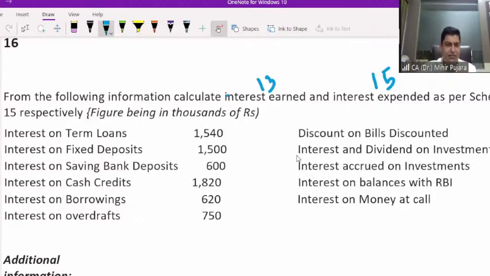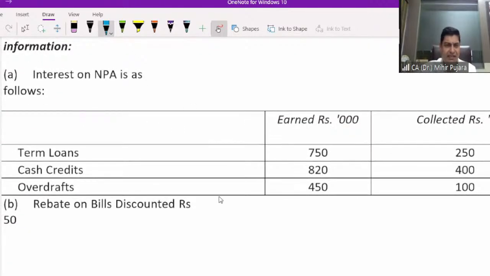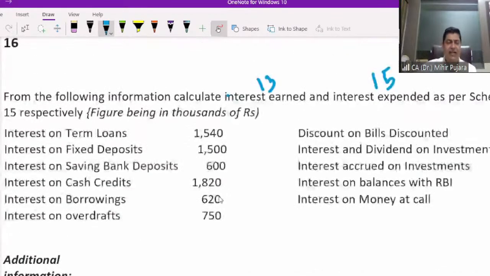And then there are two small adjustments also, one about NPA and second about rebate. We'll do it afterwards. But first of all, we need to understand out of these amounts, which is our 13 number schedule, which is our 15 number schedule.